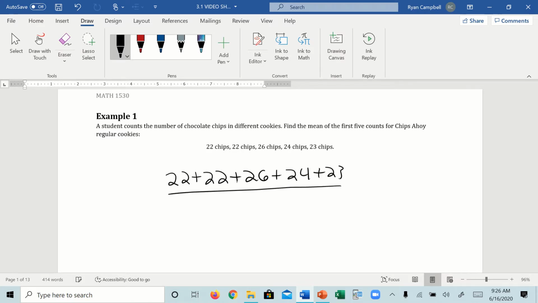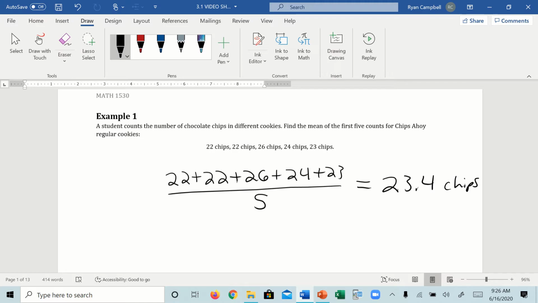And then we divide by the total number. So 1, 2, 3, 4, 5. And when we get that, it would be about 23.4. And by about, that's exactly 23.4 chocolate chips.